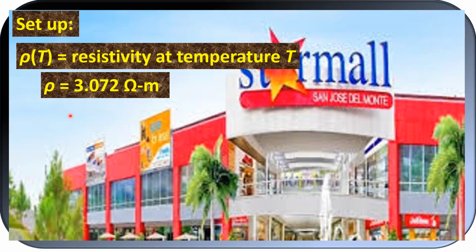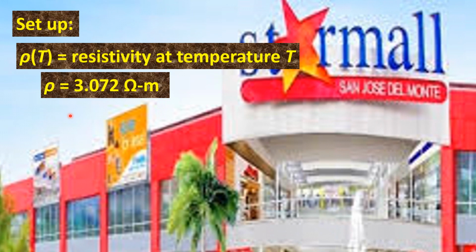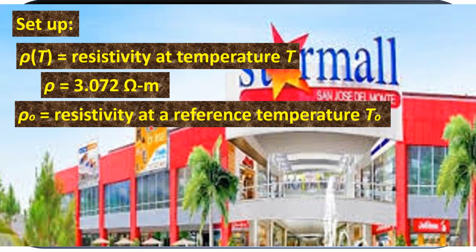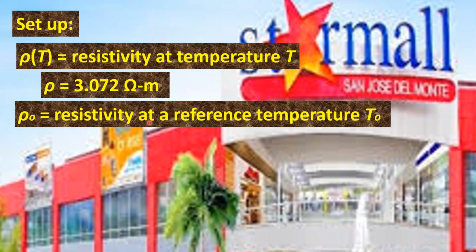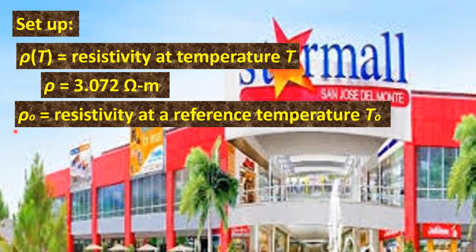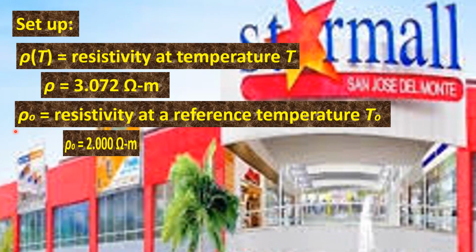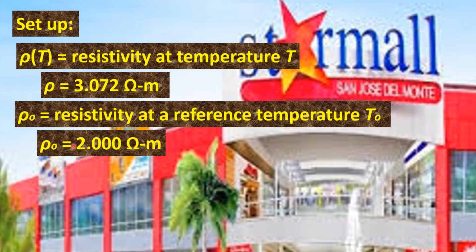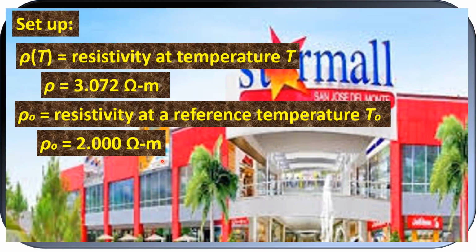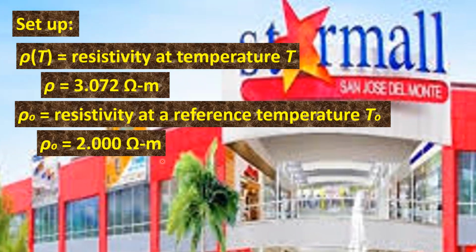While rho naught, which is the resistivity of the same material at a reference temperature T naught, is equal to 2.000 ohm meter.